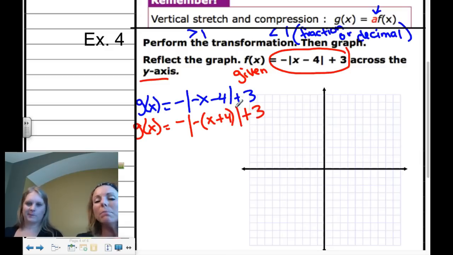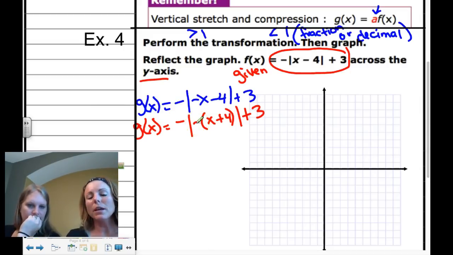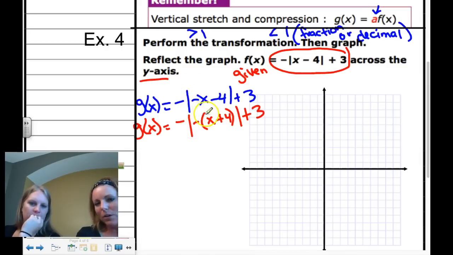The tricky part here is whenever you have a negative x, which we're not going to see a lot in this chapter, but when you do, you have to factor out the negative because you can't find the exact perfect vertex otherwise. So now I can tell the vertex here.